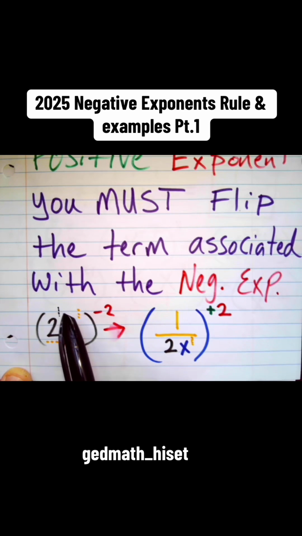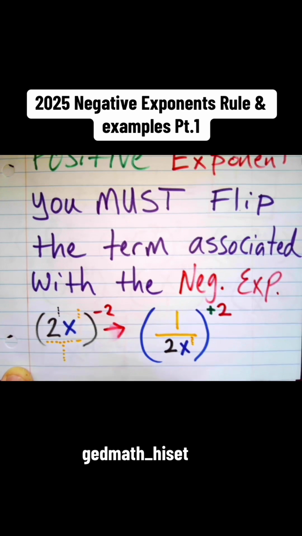Now you don't have to write these invisible ones. I do this for teaching purposes. So you can write a solid one there, a solid one there, and you can put this 2x over a solid 1 in the denominator's place. So in order to change that negative 2 and make it positive, I flip the term. 2x goes to the bottom, 1 goes to the top.